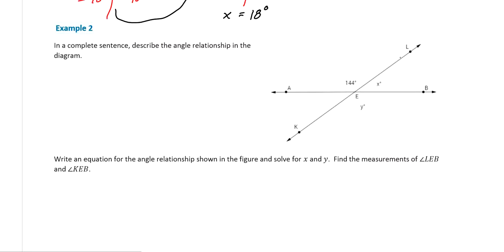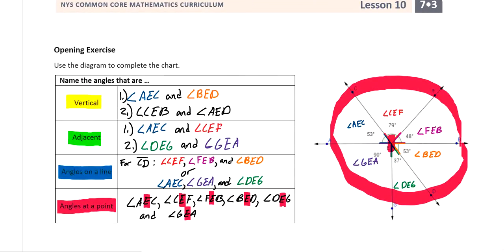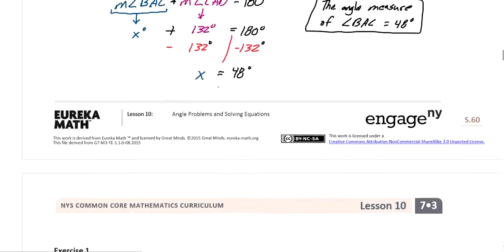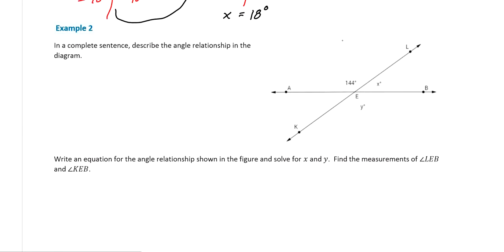We have AB and KL. So, it's AEB and KEL. So two lines makes me think of vertical angles. Vertical angles are formed when you have angles opposite of each other.